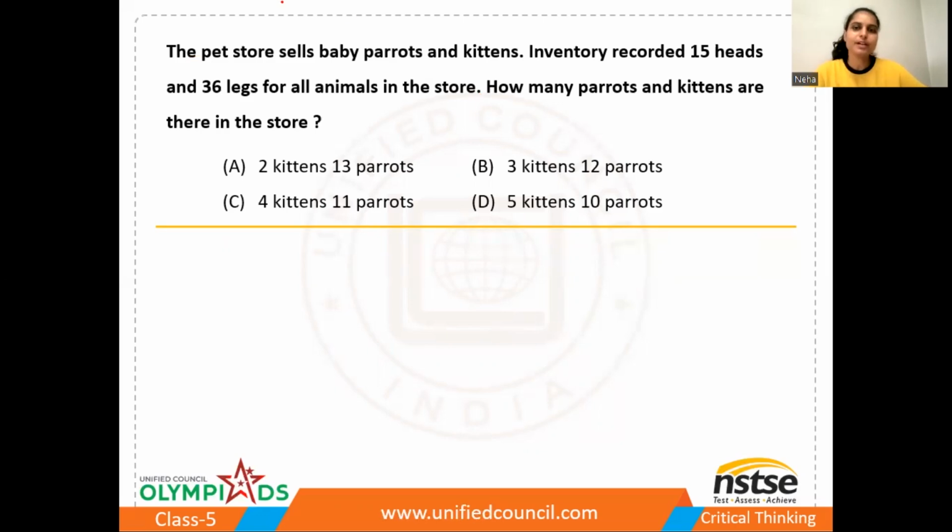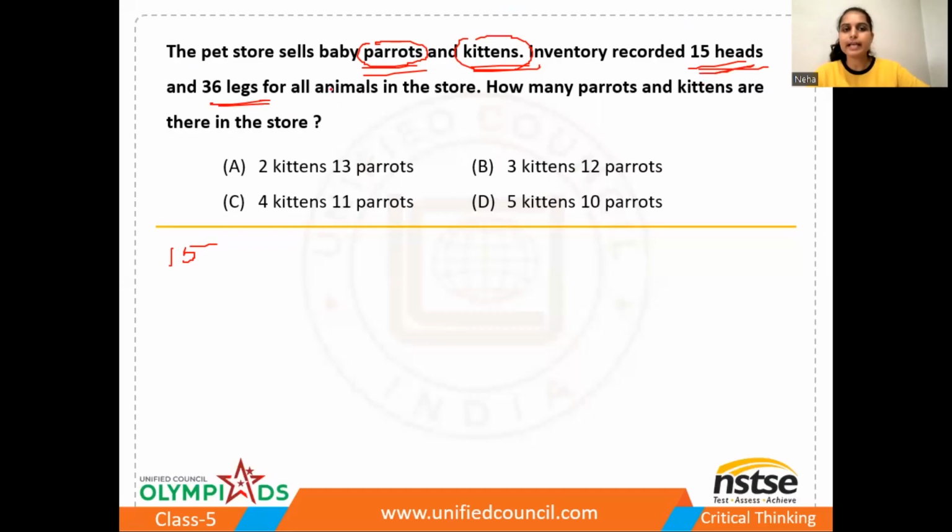So how many heads are there? 15 heads, and obviously parrots and kittens all have only a single head, right? So I can say that the total number of parrots and kittens together is 15, because they recorded 15 heads.